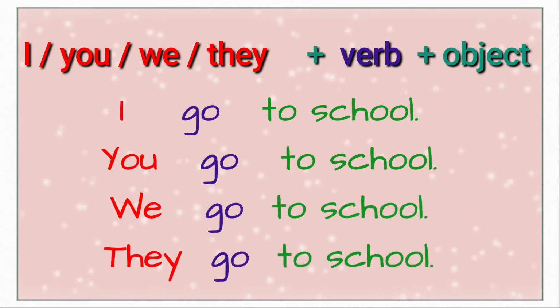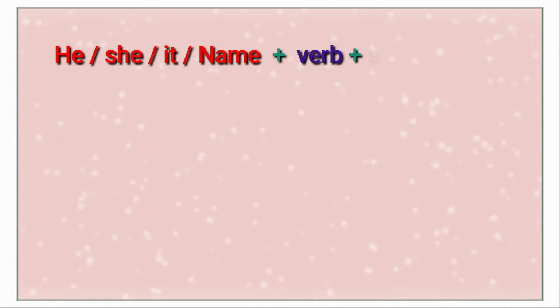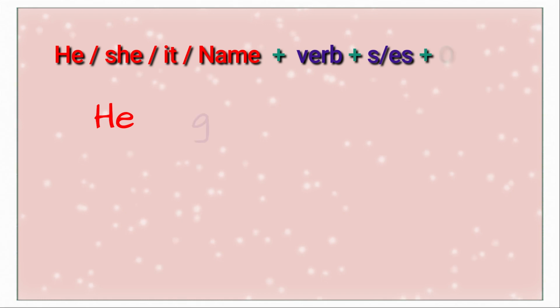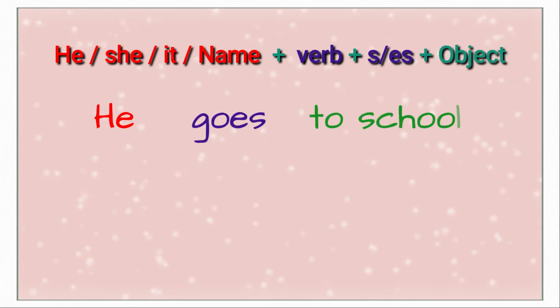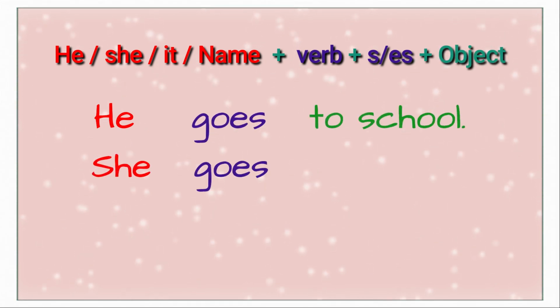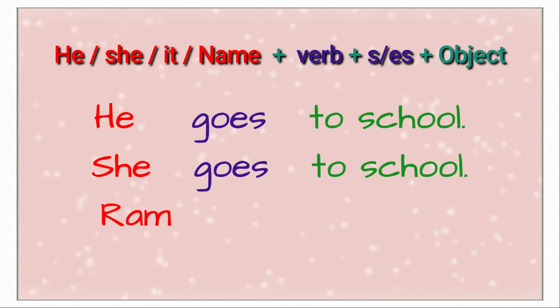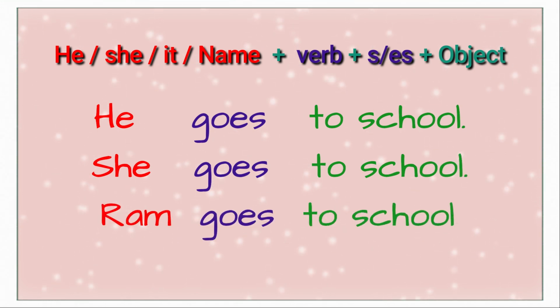They go to school. But when subject is he, she, it or name, then how will we make sentences? He goes to school. She goes to school. Ram goes to school.